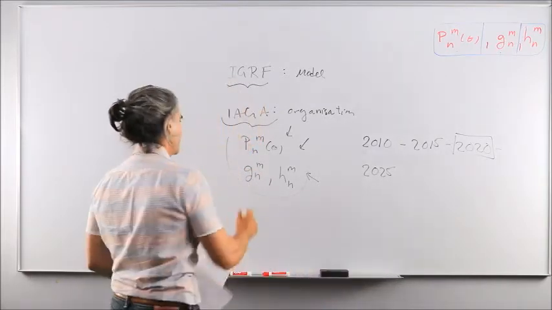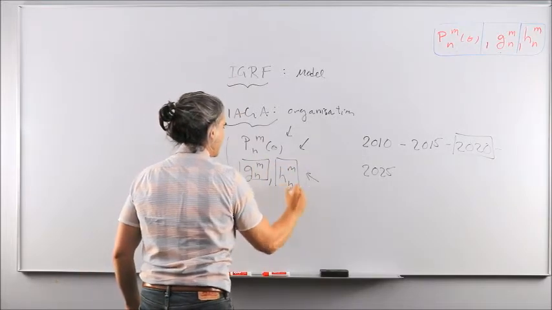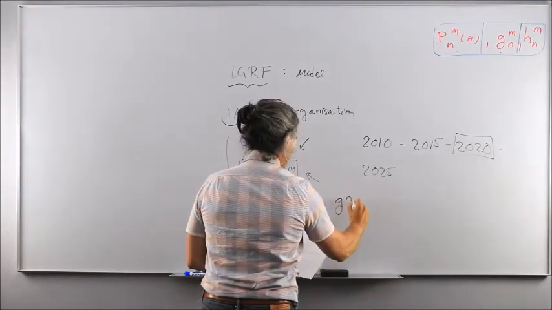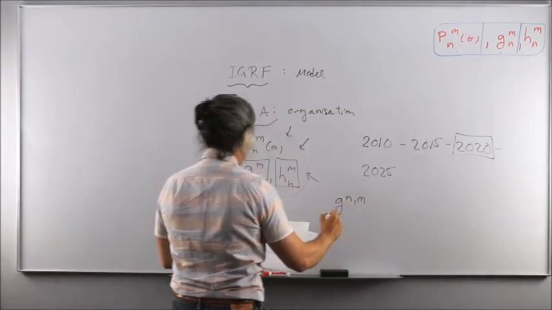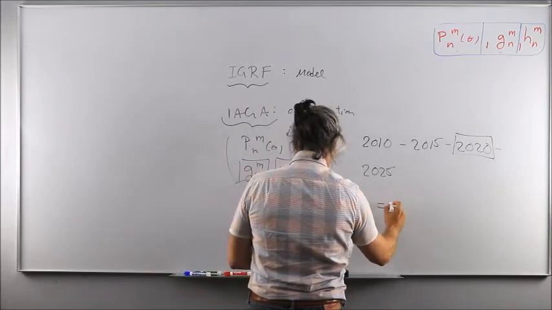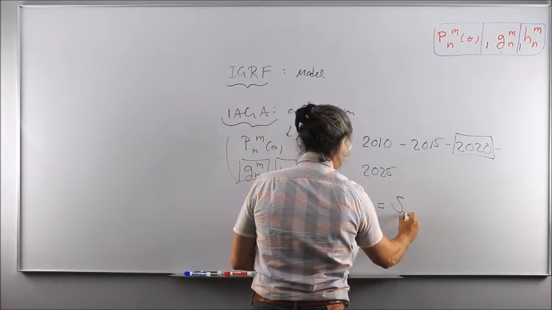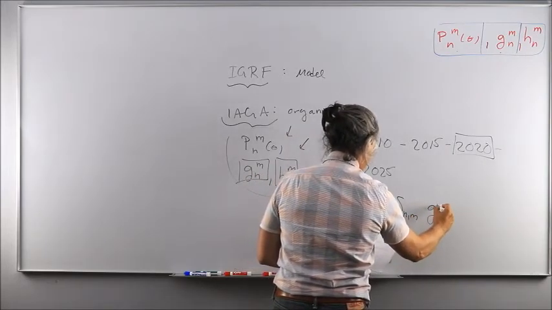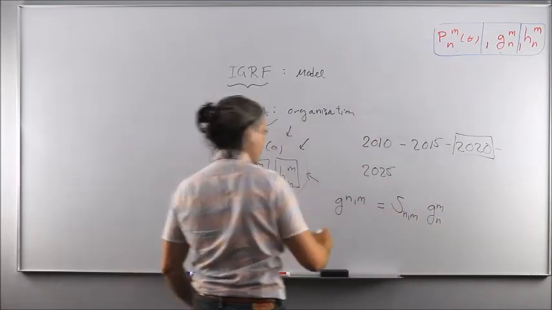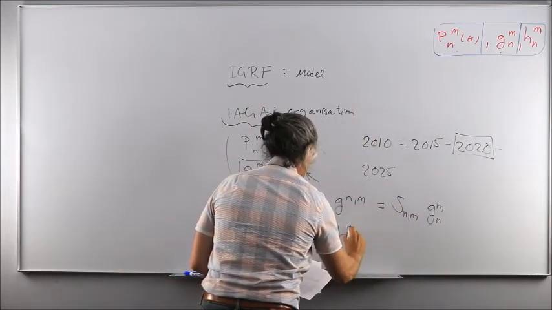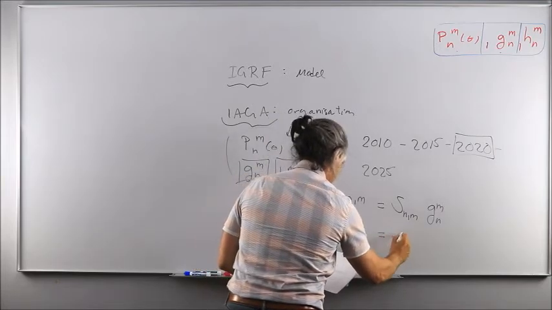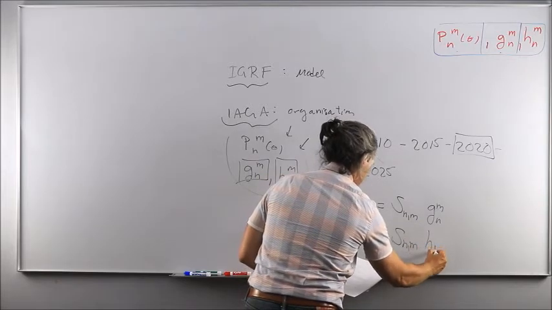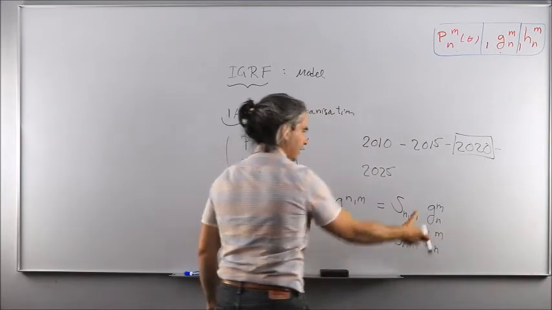So how do we turn those coefficients into the Schmidt normalized ones? Exactly the same as we did for the Legendre polynomials. G and M Schmidt normalized equal the normalization factor, same as before, times the Gauss normalized that you get from this organization, and same for H and M: S and M times H and M Gauss normalized.